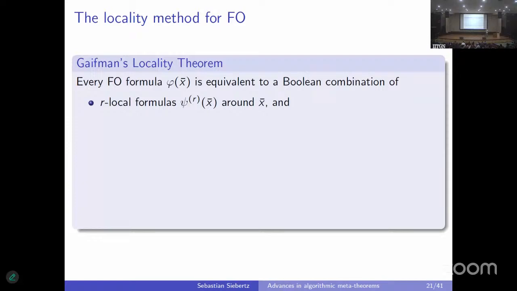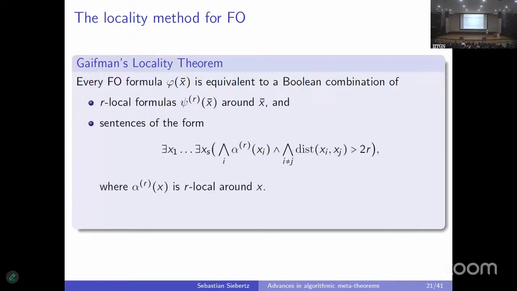That means we will look at some radius r ball in the graph, and we need to check not globally what's going on, but only locally around the variables. What we take is that you have s variables, s vertices, and you test the local property for each.